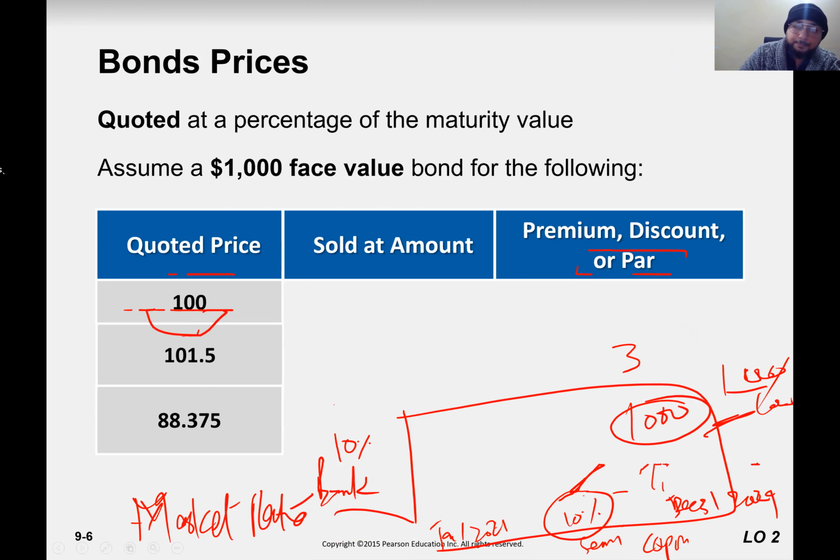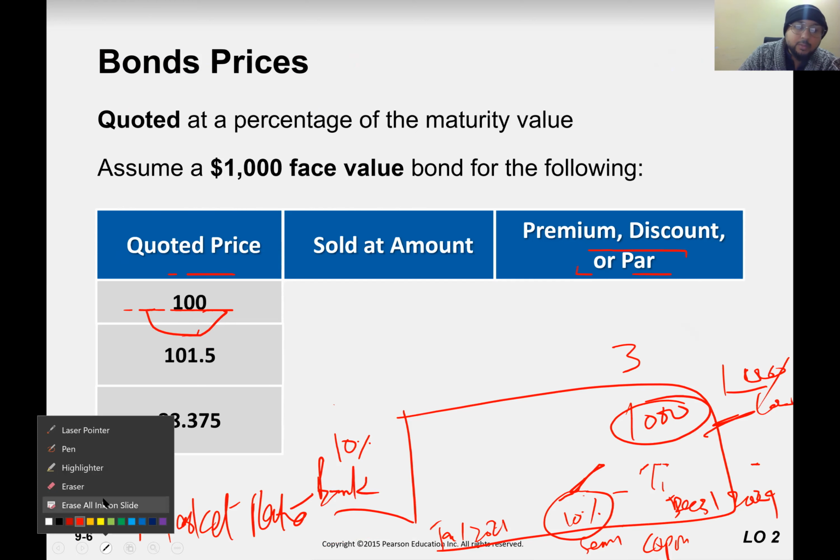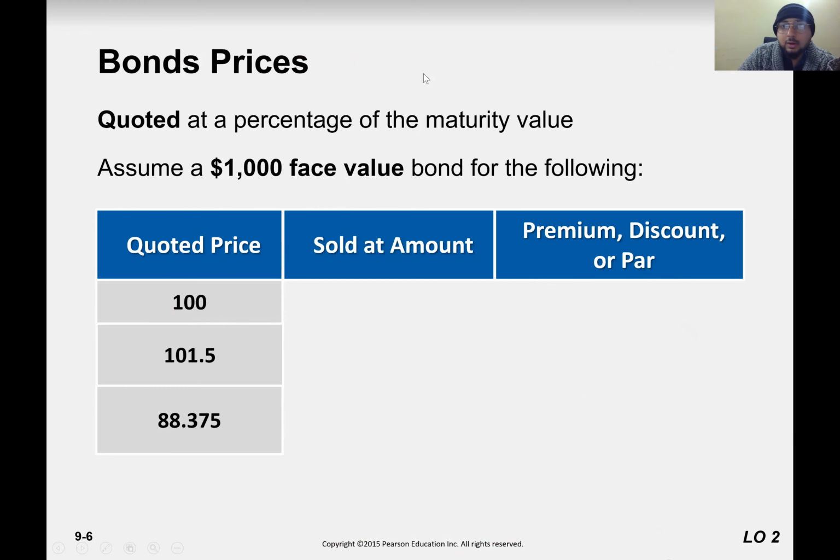Okay, if you don't understand this concept, let's make it easier and talk about the demand and supply concept, a very simple concept. For example, the bond face value is 1000.